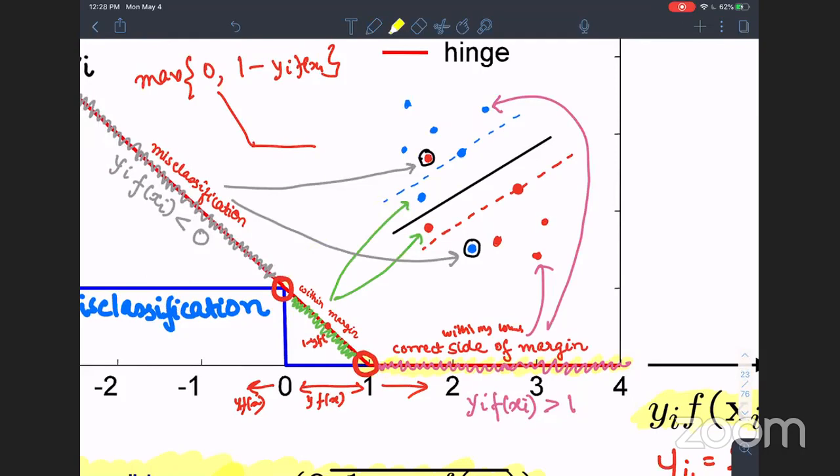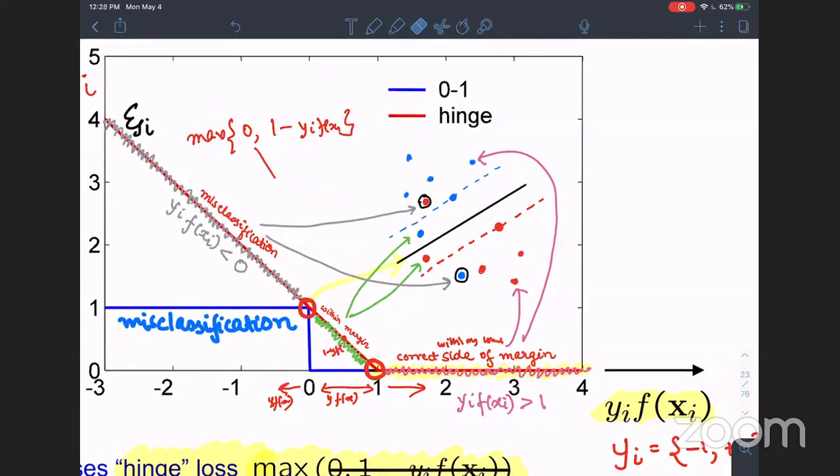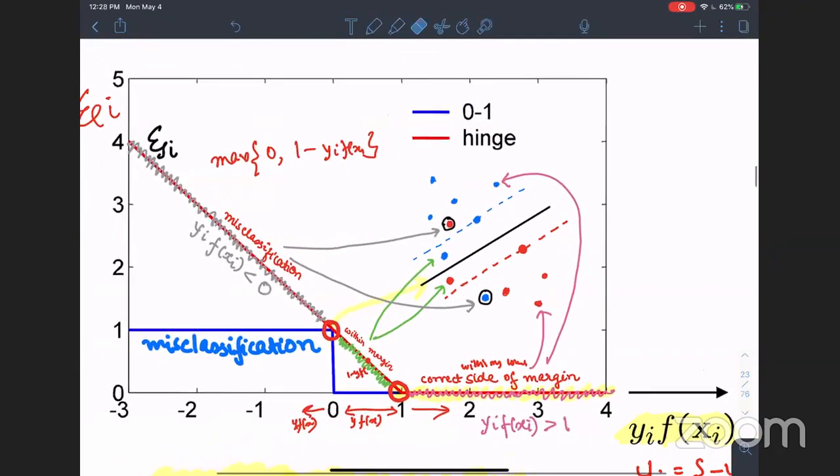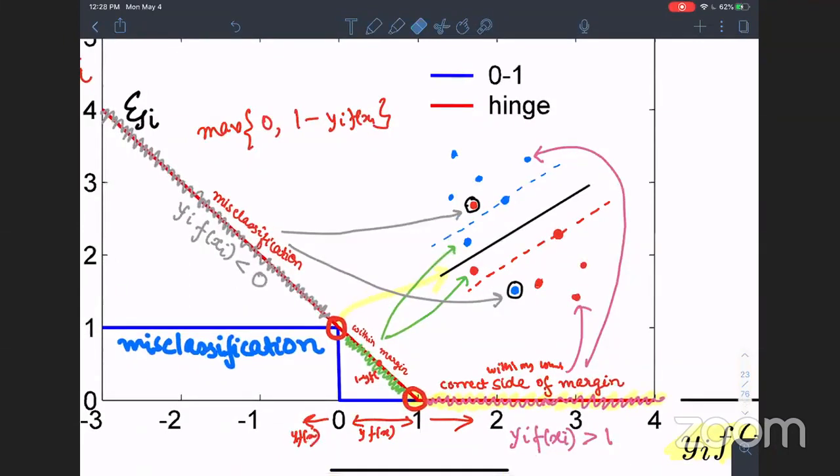These inflection lines are the respective red and blue lines. I think I have labeled it correctly, so let me not add more things on my diagram, otherwise you will get confused. As you move from negative to 0, you have crossed that exact line, which is my black line. Hence you have started to misclassify. You can see this region, which is the misclassification region, where the x-axis yi/fxi is all negative.